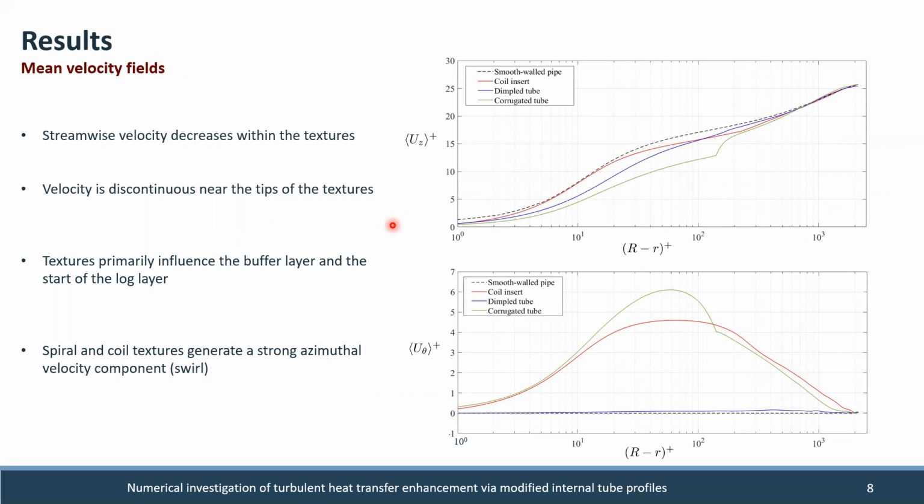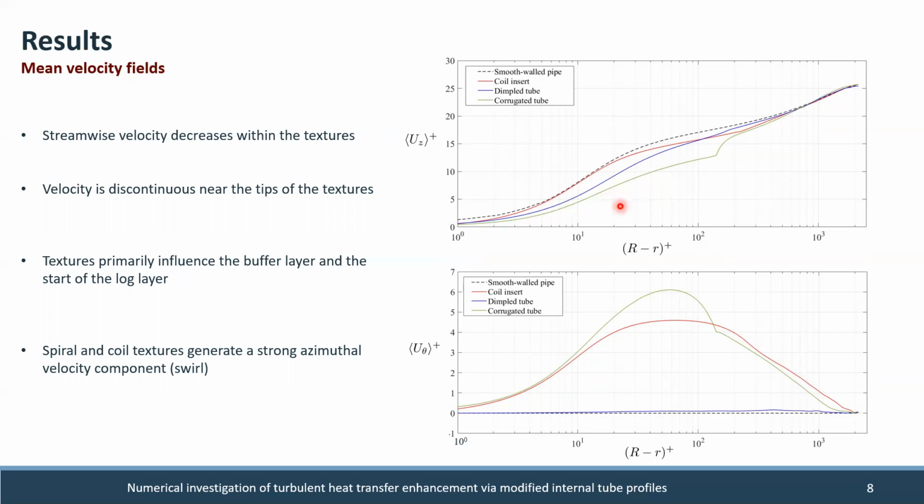Here we can see the streamwise and azimuthal components of the area average dimensionless mean velocity, which are obtained from the 4 large eddy simulations.